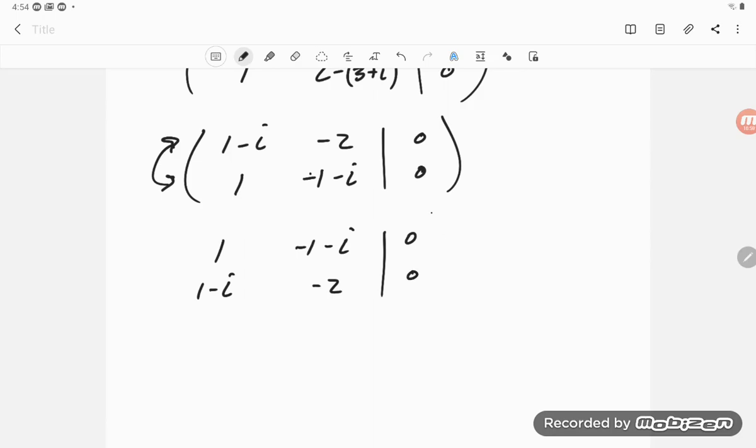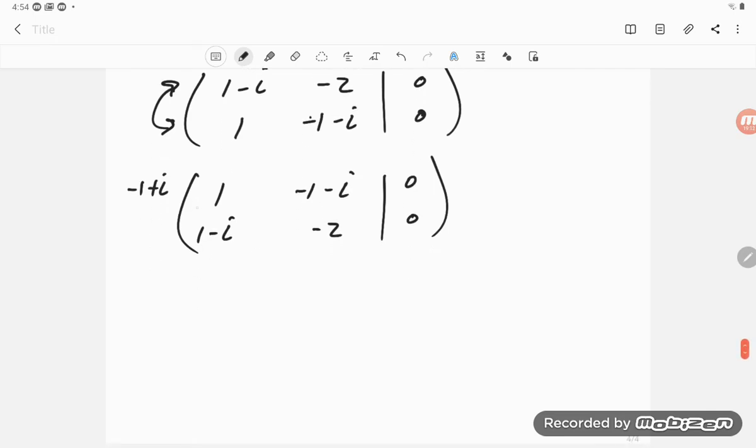negative 2 and 0. And I need to multiply this top row by negative 1 plus i. But again, notice complex conjugates. And so when I multiply through by that and add to the bottom row, these are the same. Negative 1 minus i, 0, 0.